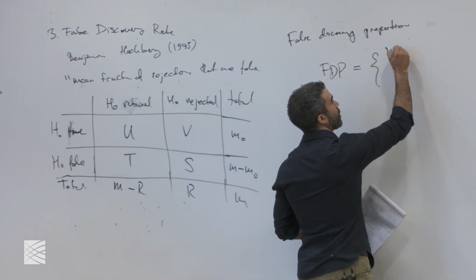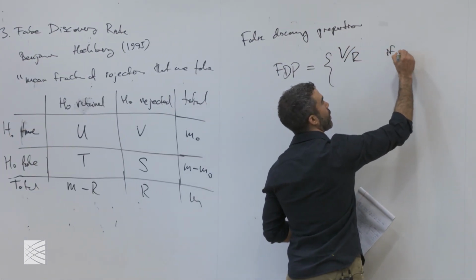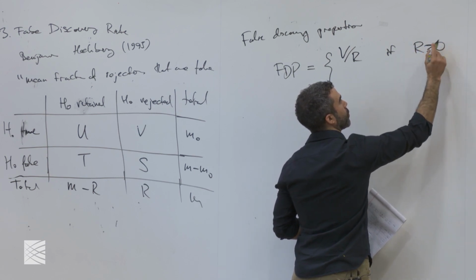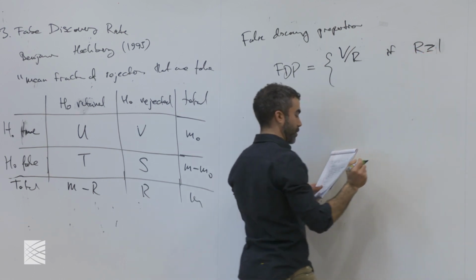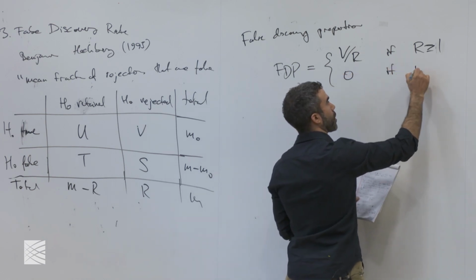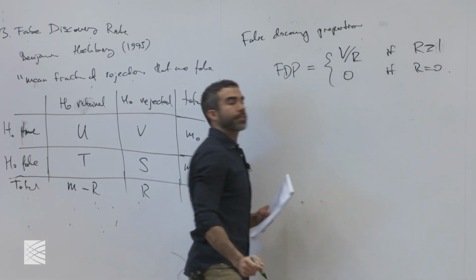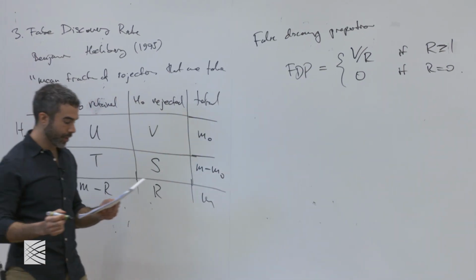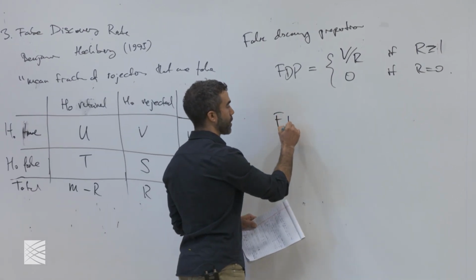So I'm going to define it to be V over R when that's defined, so when there's at least one rejection, and 0 when there are no rejections. Okay, that's the false discovery proportion. This is a random variable. The false discovery rate is its expectation.